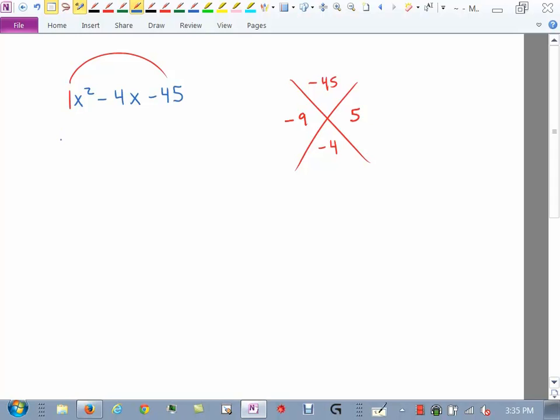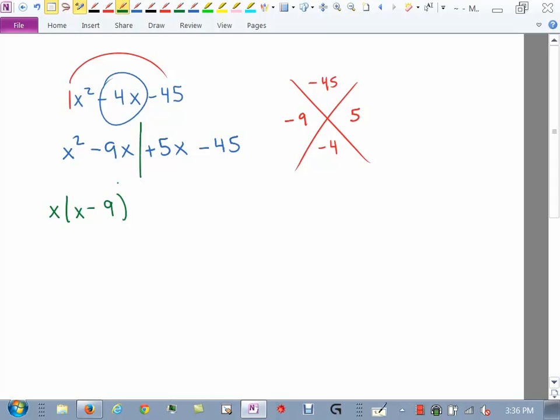Well, that's a way to do it, but that's not the way I've been showing it, so I don't want to do that. You rewrite this, right? Do not touch the ends, right? The middle, negative 4x, is rewritten negative 9x plus 5x, using the two numbers we just got. Then I come in with grouping. Factoring a GCF of x out of the first two.